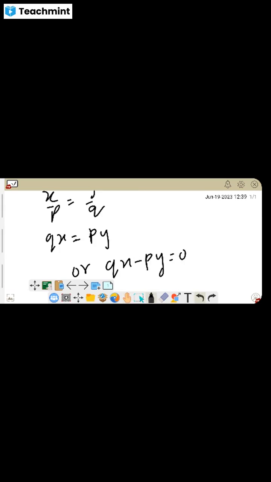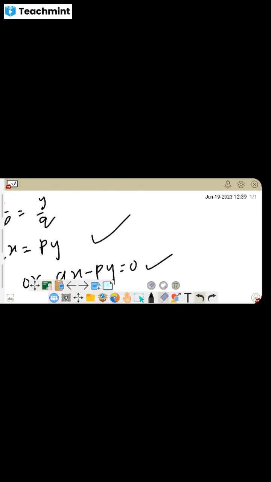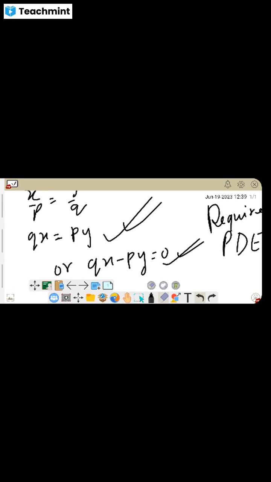Both are the required partial differential equation. You can write any form, either this or this.